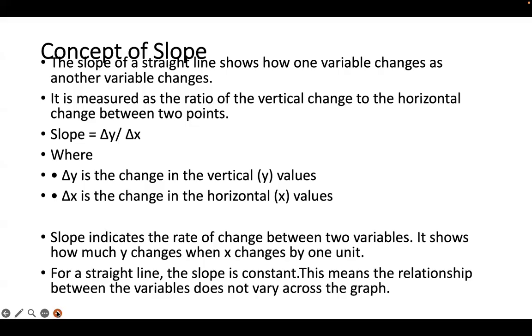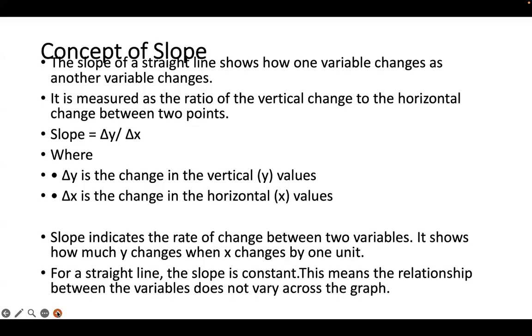That is the change in the y-axis over the change in the x-axis: y2 minus y1 over x2 minus x1. So the slope indicates the rate of change between the variables. It shows how much y changes when x changes by 1 unit.